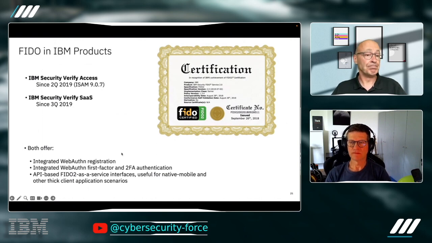We've been certified since then also, and we have two products, in fact, that allow you to use FIDO2, be it hardware security keys or be it passkeys, and these are Verify Access for the on-prem part and Verify SaaS for the SaaS part.